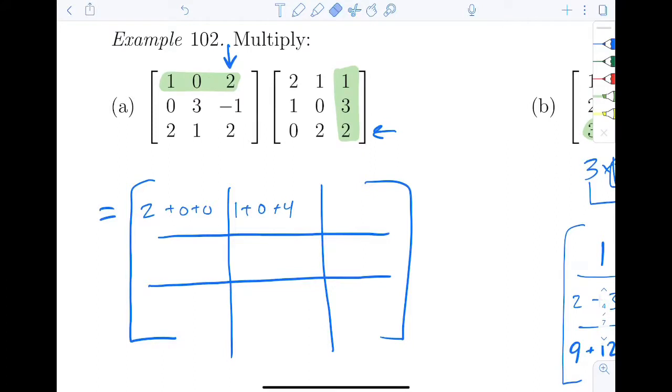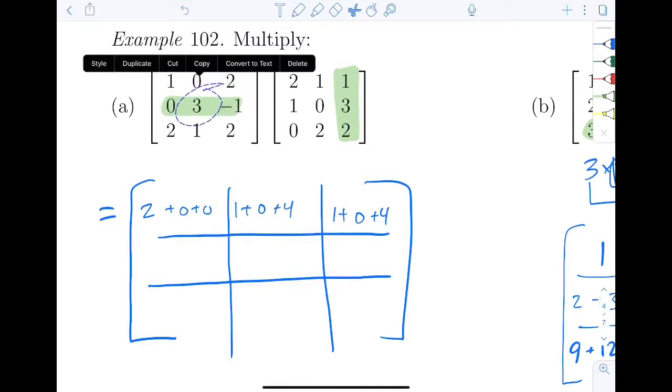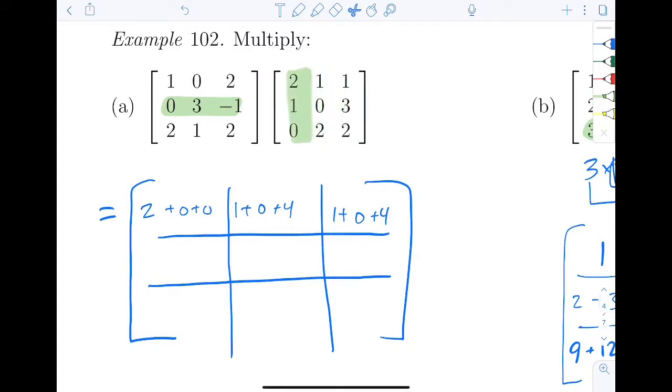If you can get your hand coordination down, you can be very efficient at this. So then I get 1 plus 0 plus 4. Move to the next one. I'm trying to talk while I do all this. If I miss one of these, I apologize.